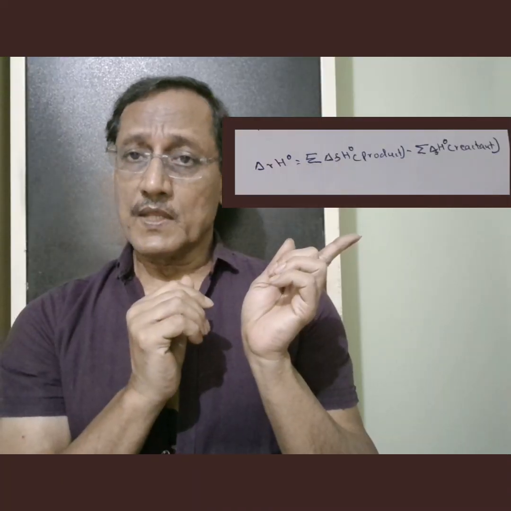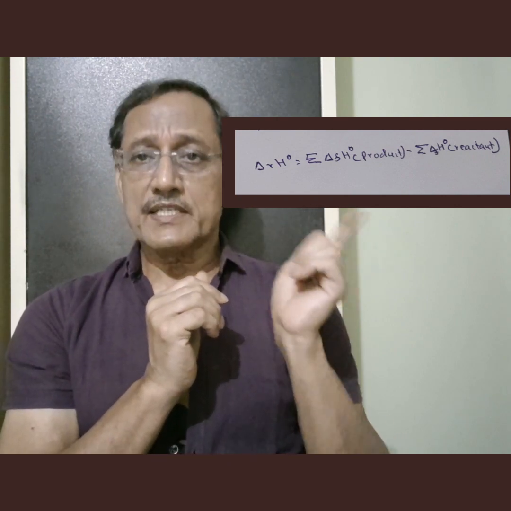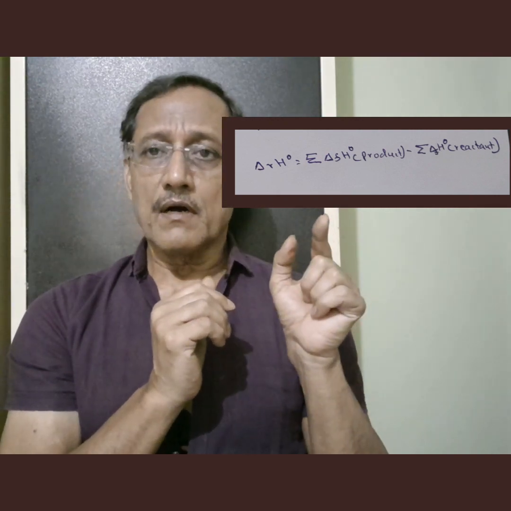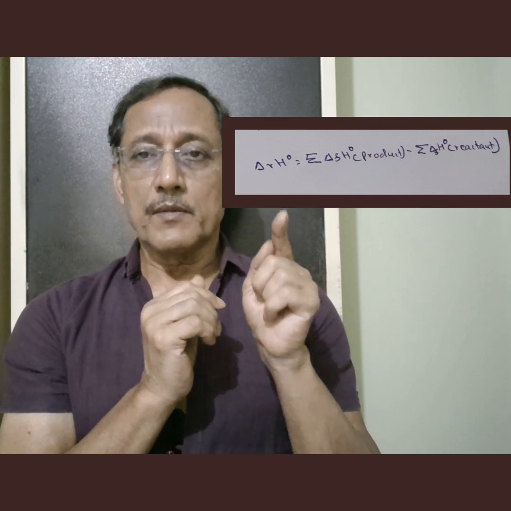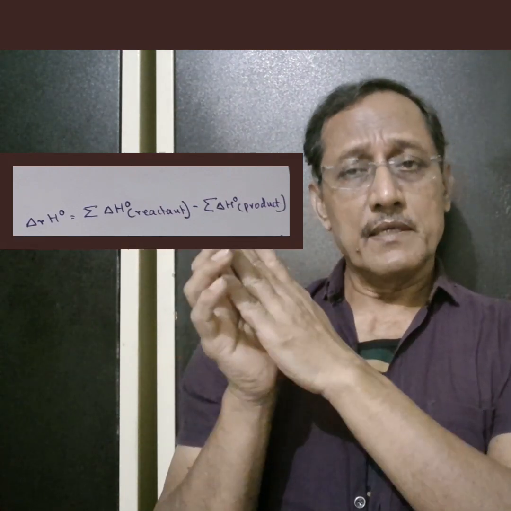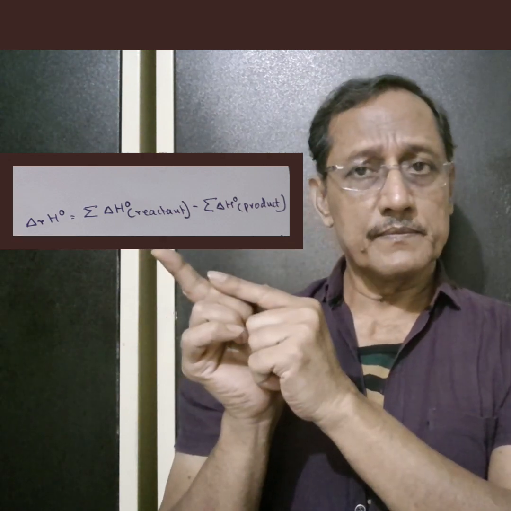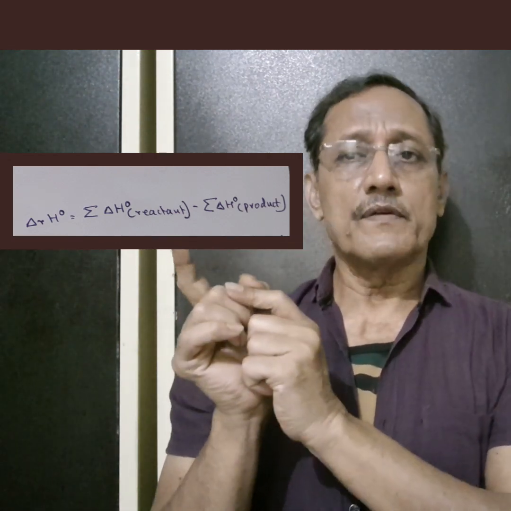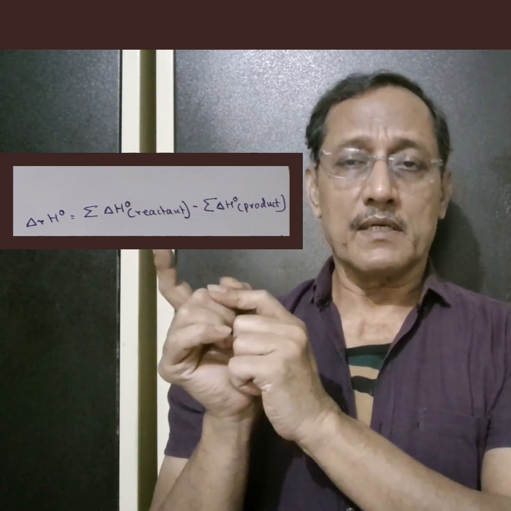Then the formula that you have got to use is this. That is, as I told, enthalpy of reaction would be summation of enthalpy of formation of product minus summation of enthalpy of formation of reactant. Alright, if bond enthalpy is provided, then enthalpy of reaction would be summation of enthalpy of reactant minus summation of enthalpy of product.